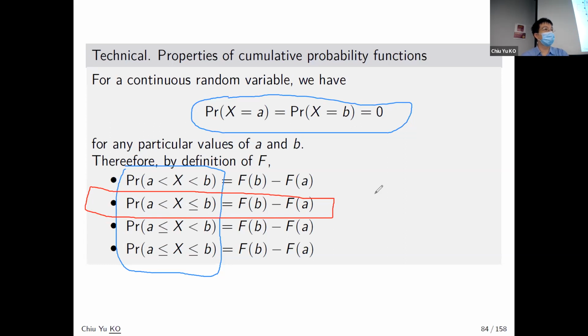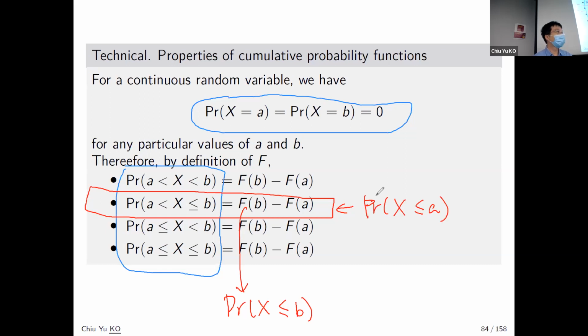Just think about the definition of F of A and F of B. F of B is the probability that X is less than B, and this is the probability that X is less than A. If you still don't see why this is correct, you move this to the left-hand side, then you see the union of the two gives you this one.